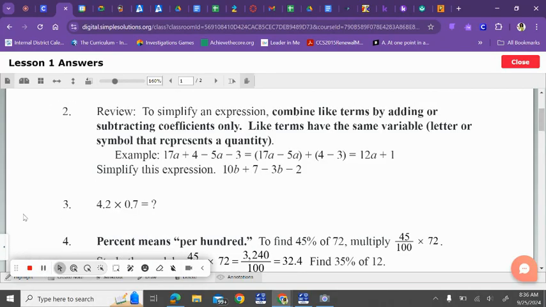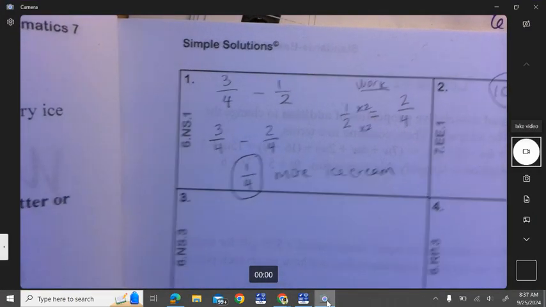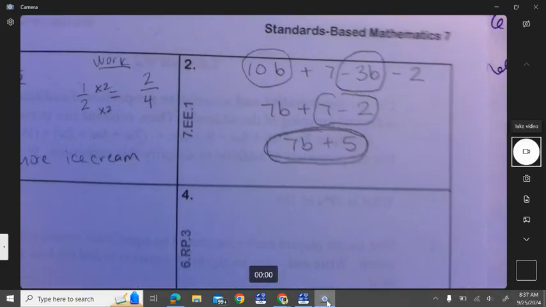Number 2, they review some vocabulary. The question says, simplify this expression, 10b plus 7 minus 3b minus 2. To simplify it, you combine the like terms.